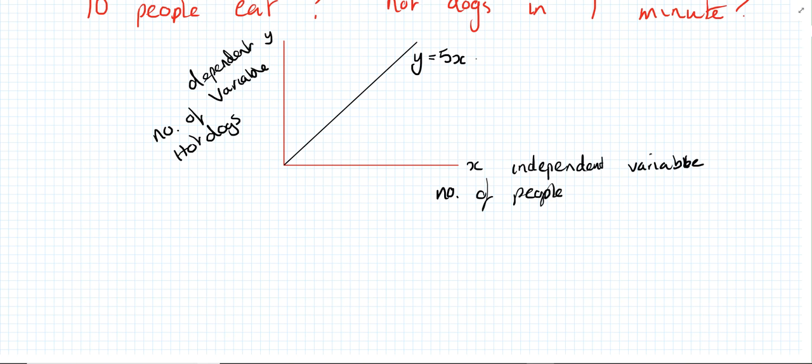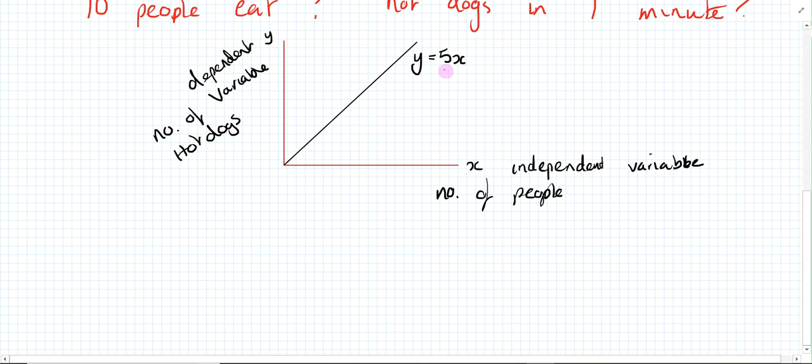So you can see how this relationship, we've got this linear relationship. And in this situation, they always maintain that proportion, right? So I take the number of people and I multiply it by 5 to get the number of hot dogs I need.